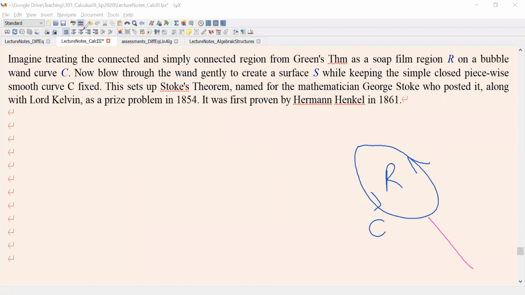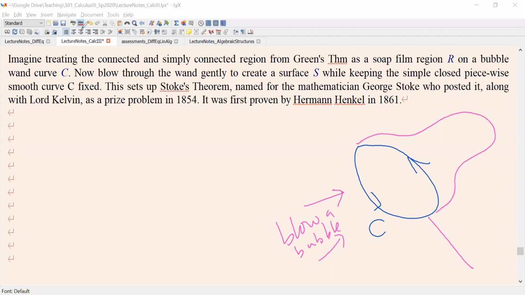We're holding it down at the bottom here, and we're going to blow a bubble. And as we blow, this soap film creates a nice little bubble surface.